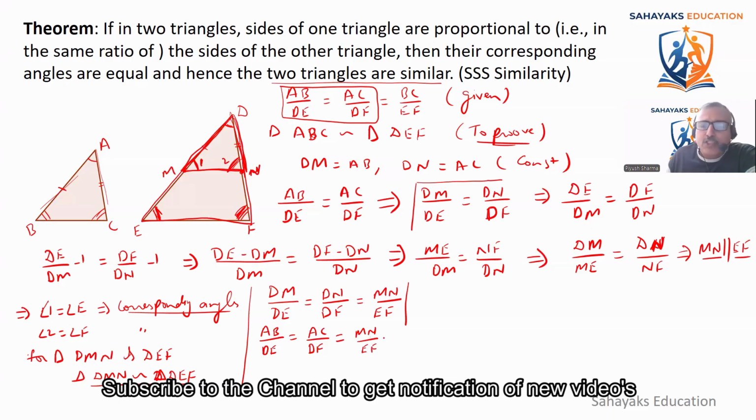But we also know that AC by DF is equal to BC by EF.